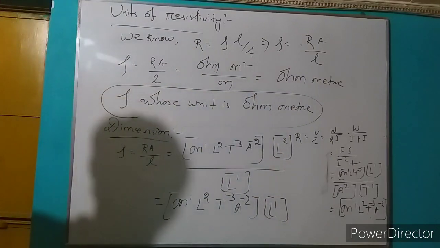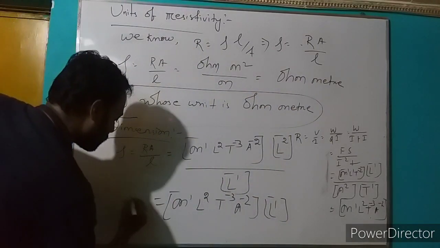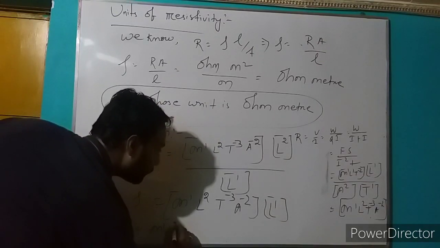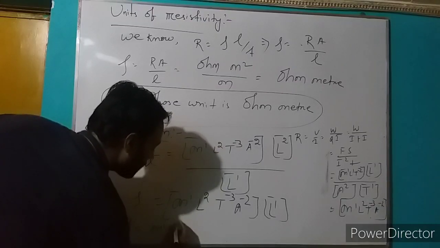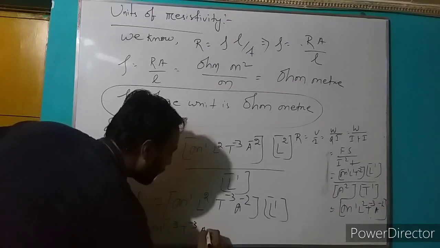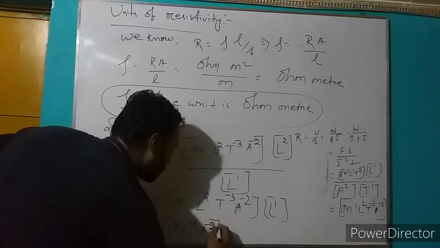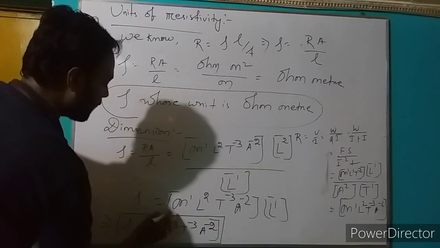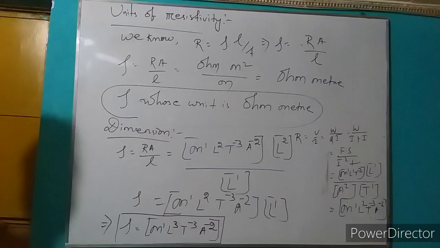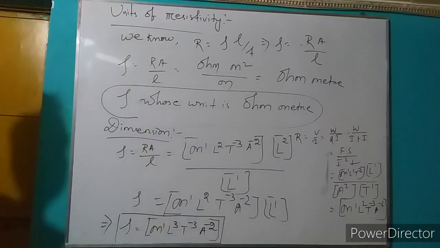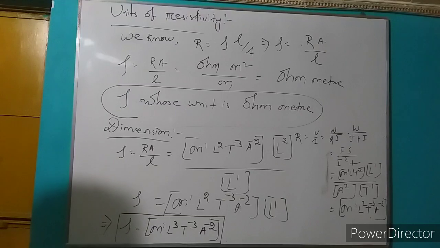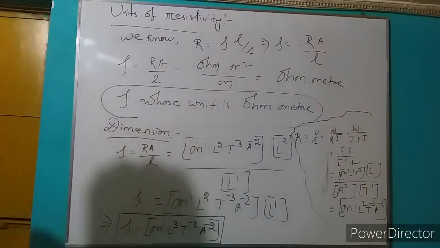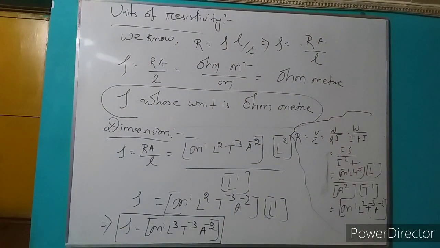That implies rho equals M1 L3 T minus 3 A minus 2, which is the dimension formula of resistivity. Clear? Please note it.